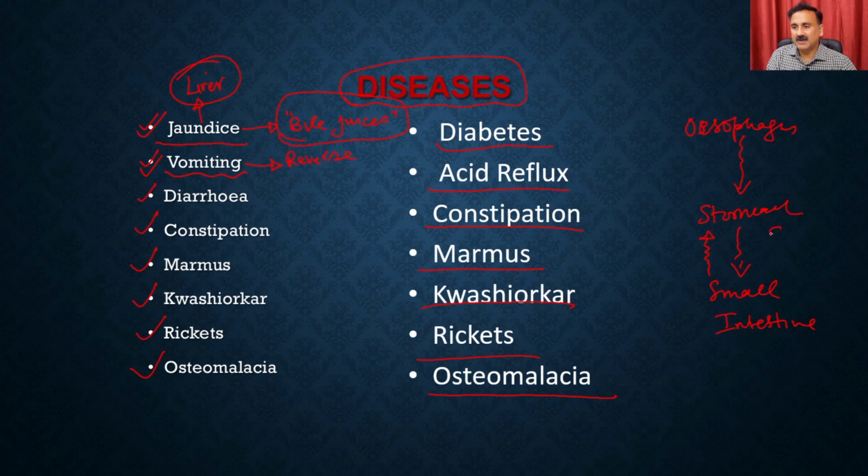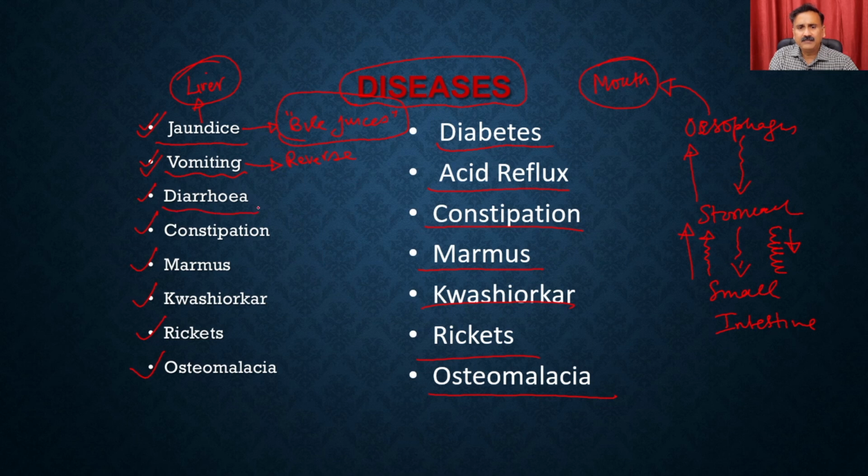Normally the peristaltic movement pushes the food downward. But if the peristaltic movement is in the reverse order, it pushes the food in the reverse direction, and it comes out from your mouth in the form of vomiting.